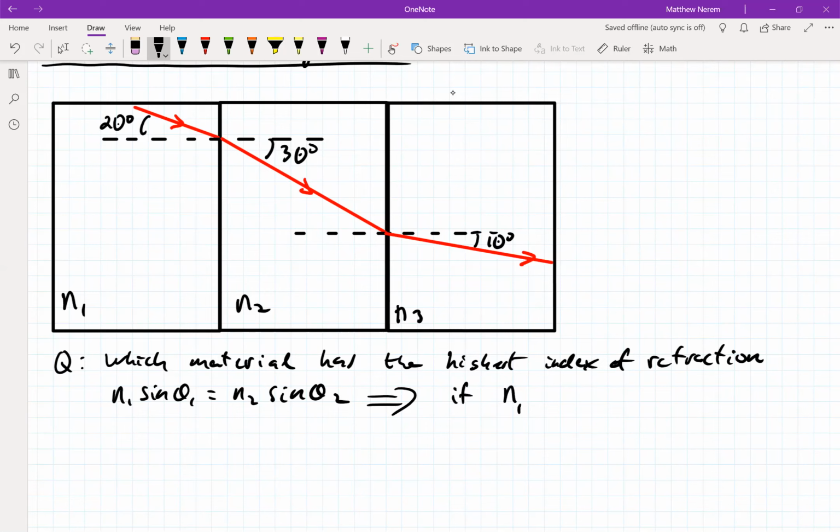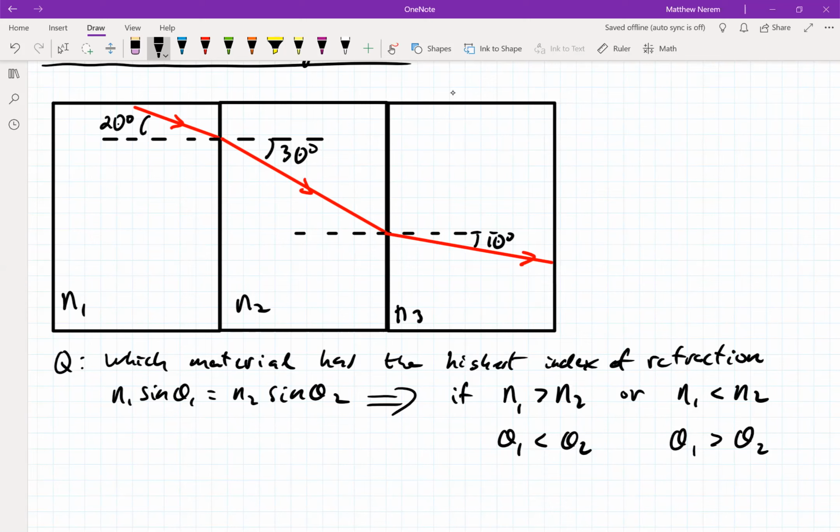If n1 is greater than n2, then the angles flip. Theta 1 is going to be less than theta 2. Or if it's the other way, if n1 is less than n2, theta 1 will be greater than theta 2.